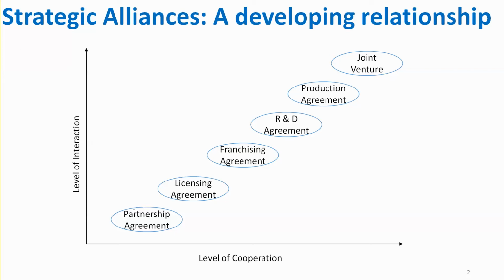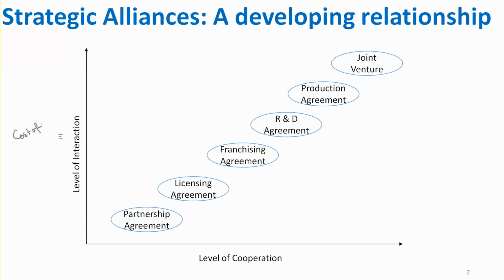You may want to pause here for a second and review what we did in session 2 on strategic alliances. In terms of this figure, we have level of interaction, which we can perhaps equate to the cost of management.